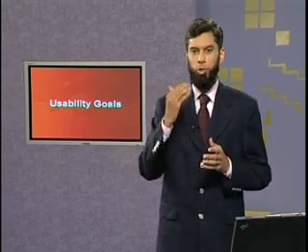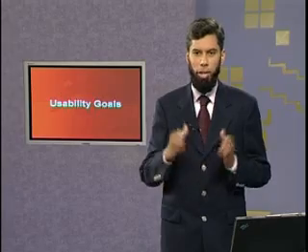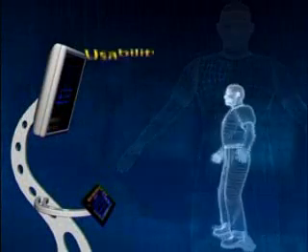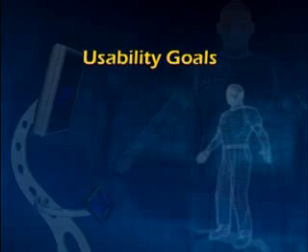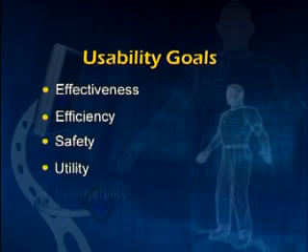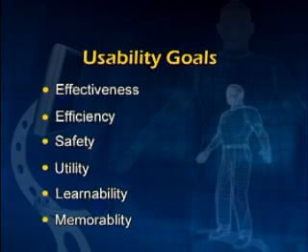So what are these usability goals? There are many usability goals. Let's take a look. There are various new usability goals. For example, effectiveness, efficiency, safety, utility, learnability, and memorability.